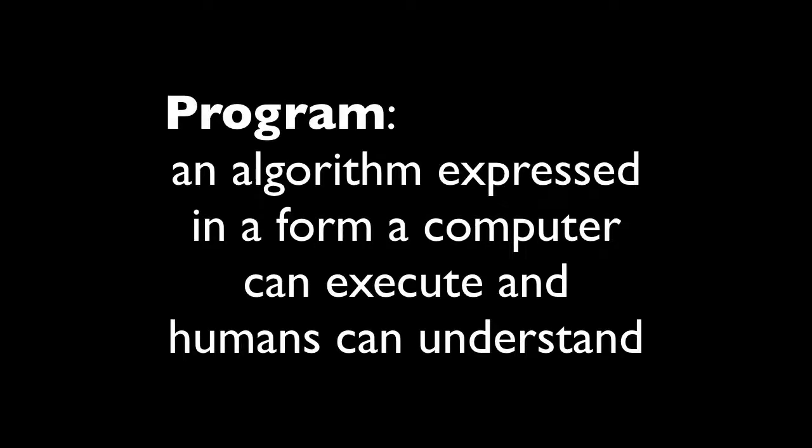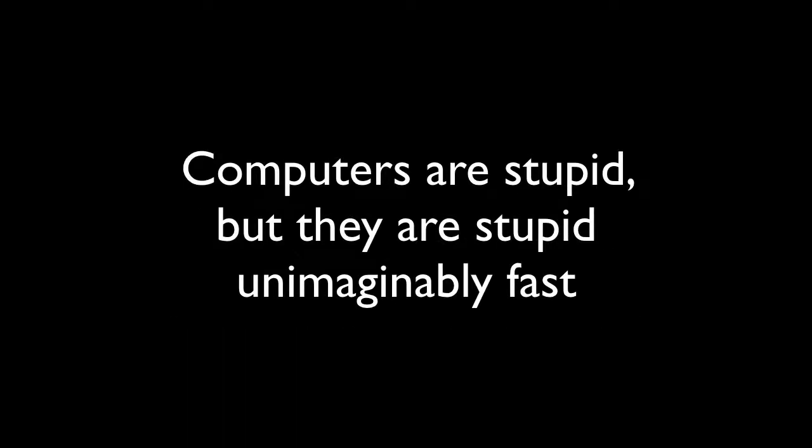A program is an algorithm expressed in a form a computer can execute, because computers are very powerful and do stuff very, very fast, and humans can understand. The humans can understand part is very important. Other people will have to look at your code and understand it. Okay? So we talked about computers. They're stupid, but they are stupid very, very fast, unimaginably fast.